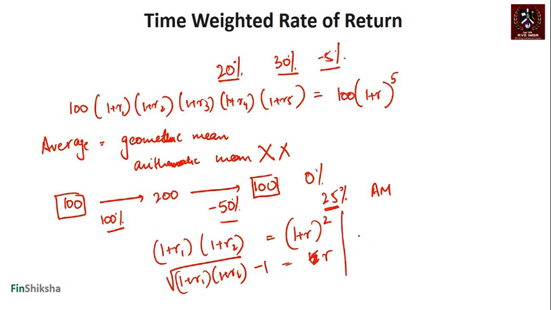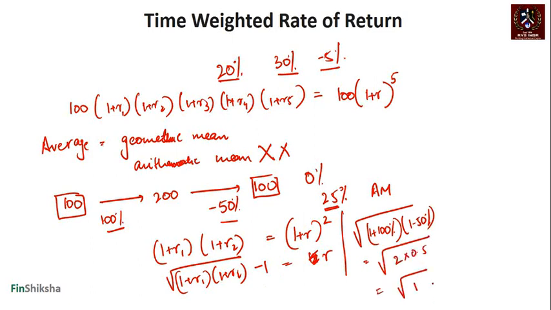Now in this equation we have the square root of 1 plus 100% and 1 minus 50%. What is that? 2 into 0.5. What is that? 1. And from this we subtract 1, that comes as 0. That's the actual return. And that is how you calculate geometric mean.